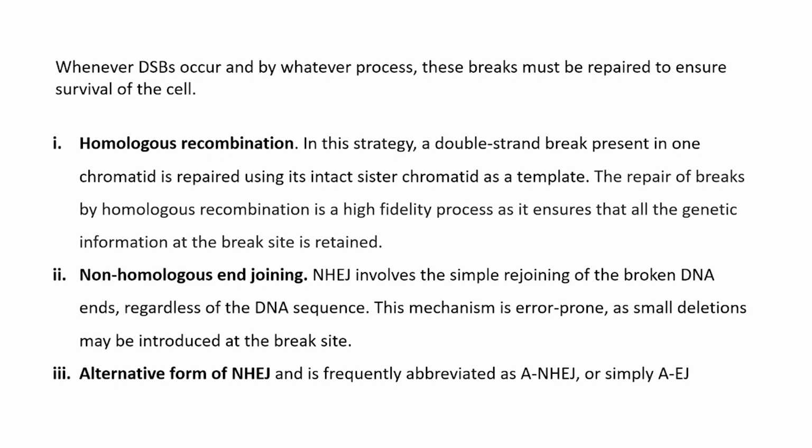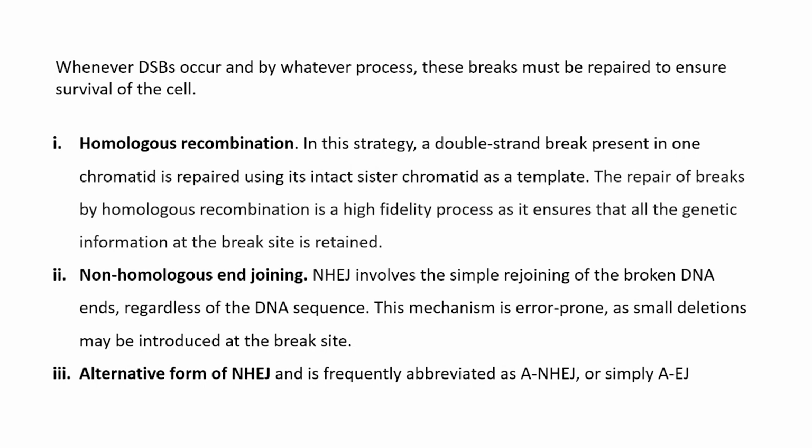The other process by which DSBs are repaired is the non-homologous end joining method, which involves the simple rejoining of the broken DNA ends regardless of the DNA sequence. This mechanism is error prone, as small deletions may be introduced at the break site.